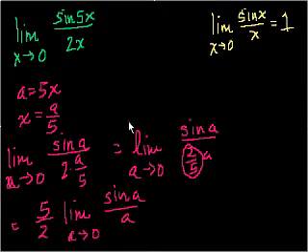And now that looks an awful lot like this. It's just that we have an a instead of an x, but that doesn't make a difference. So this is equal to 1. So this whole thing, since this is equal to 1, is equal to 5/2.